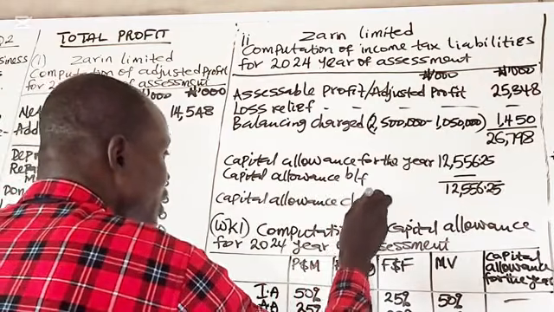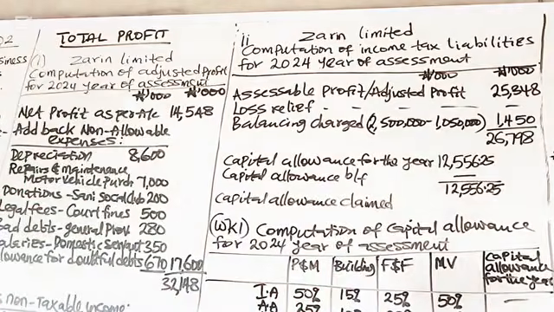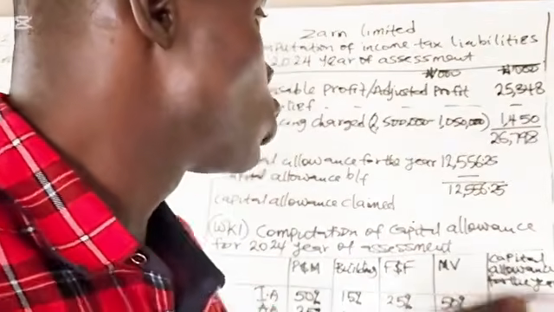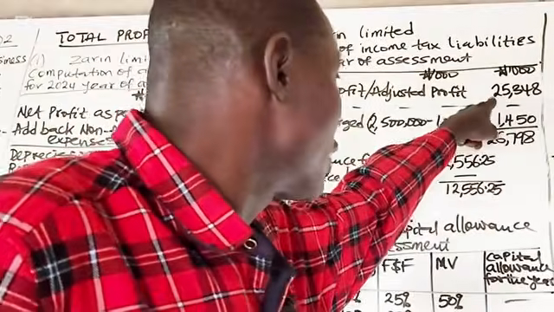The capital allowance claimable in any year of assessment must not exceed 2/3 of the assessable profit.